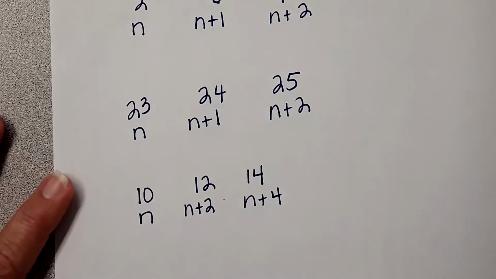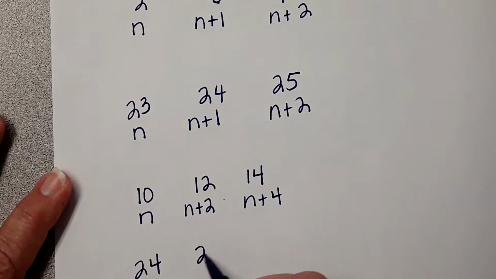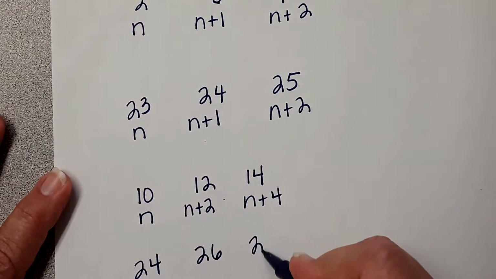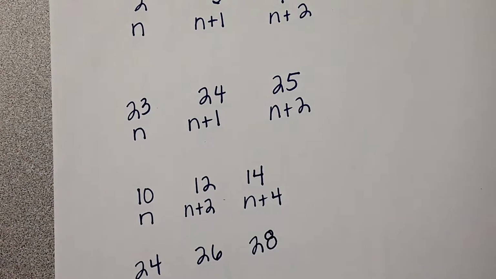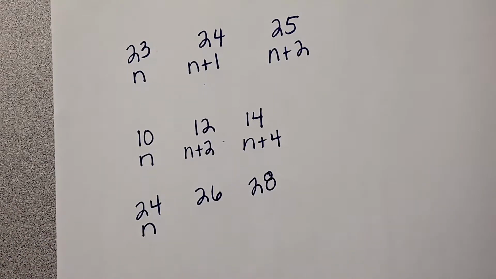Let's do another even number. Let's do 24, 26, 28, because I always want to show you that it's never going to change. So what am I going to call 24? N. What are we going to do to n to get 26?